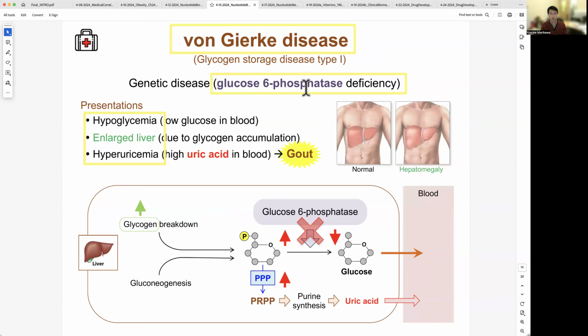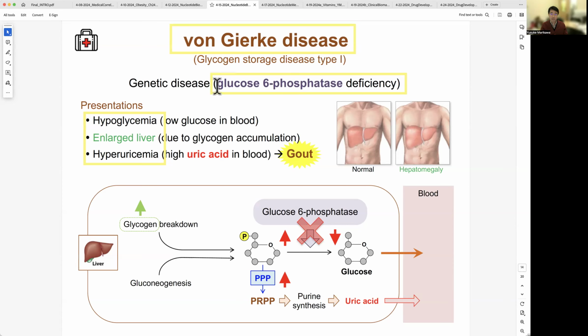That deficiency results in three things: hypoglycemia, meaning low glucose; an enlarged liver due to lots of glycogen accumulation; and hyperuricemia, a high level of uric acid. So connect those three. There is an actual mechanism, but I'm not going to ask that detail. Just know those three presentations, or symptoms, of von Gierke disease.